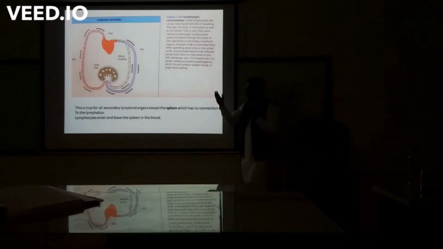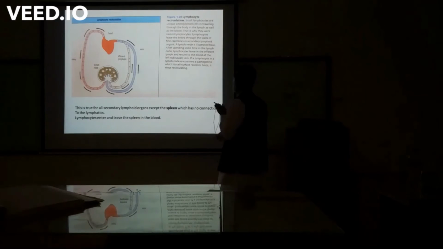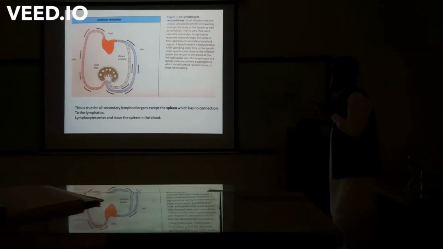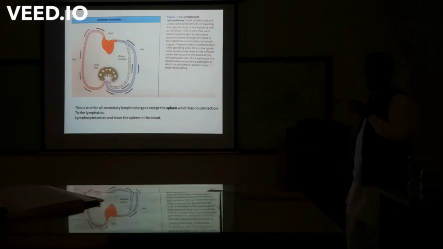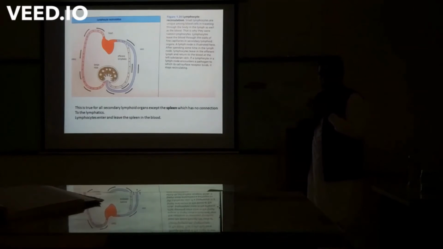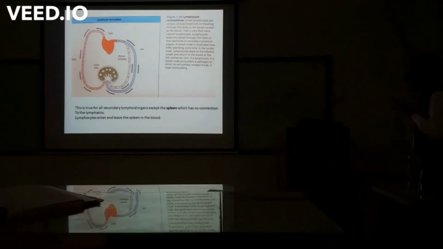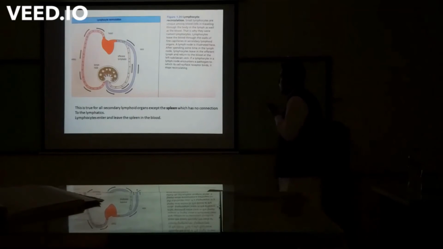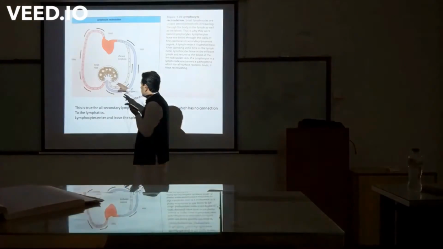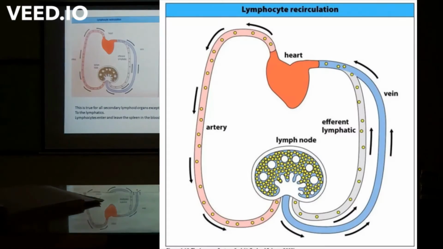This is the picture that you can see about lymphocyte recirculation, how the lymphocytes come out, drain out of the blood, go into the lymphatic system, and then inside the lymph nodes. This is a kind of depiction of the lymph node. The afferent lymphatics enter into the lymph nodes, and the efferent lymphatics are going out of the lymph nodes.